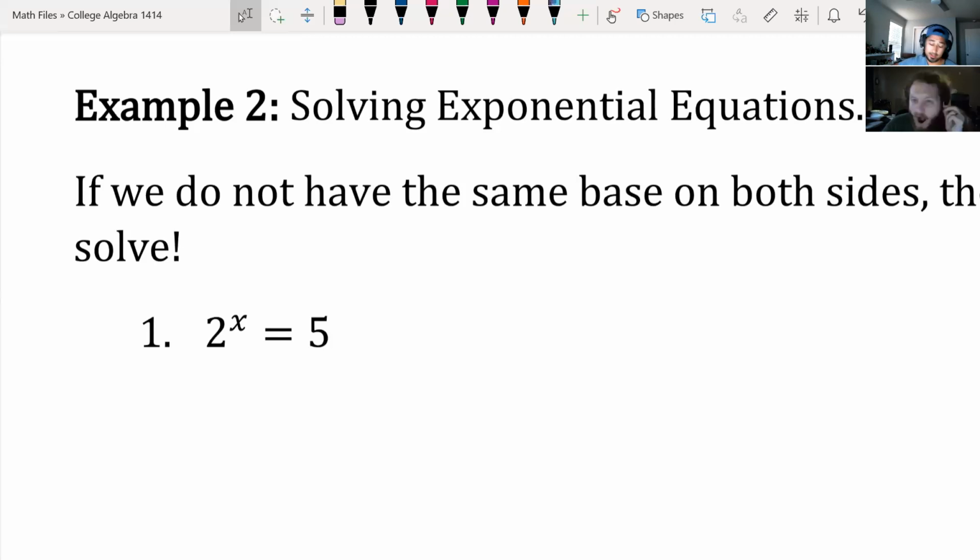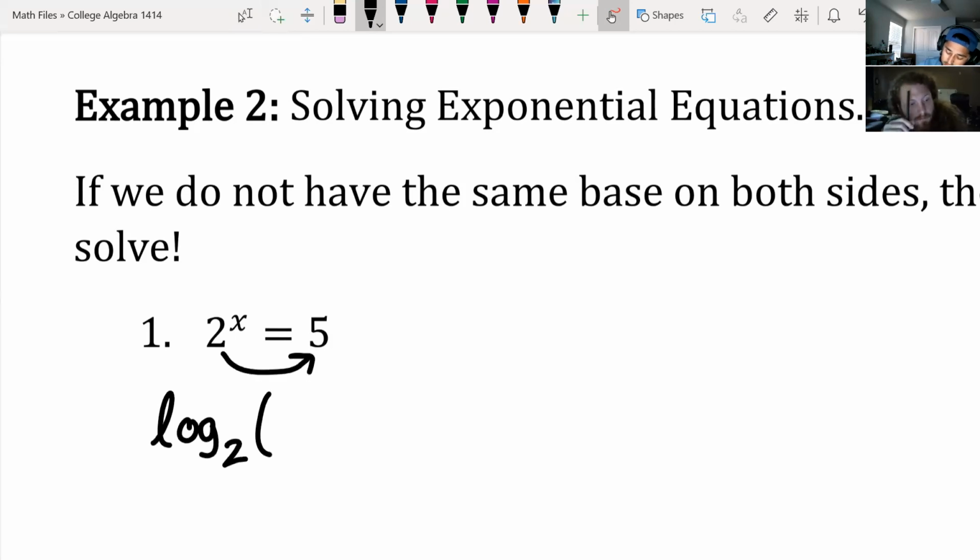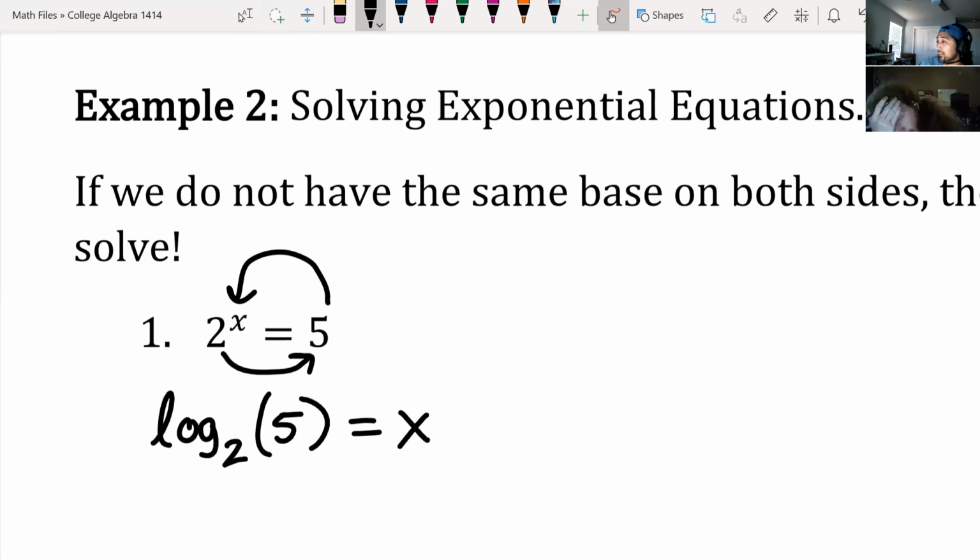Remember that the base of the exponential becomes the base of the log. So this becomes log base 2 of the outside number 5 equal to the exponent x. Look at that, we have x all by itself.